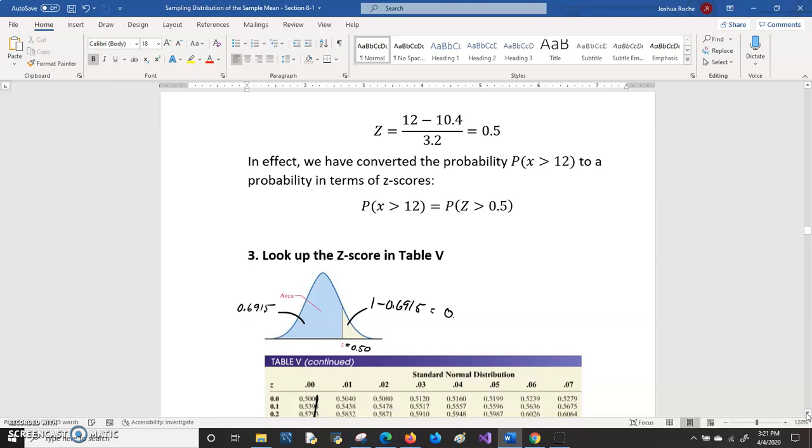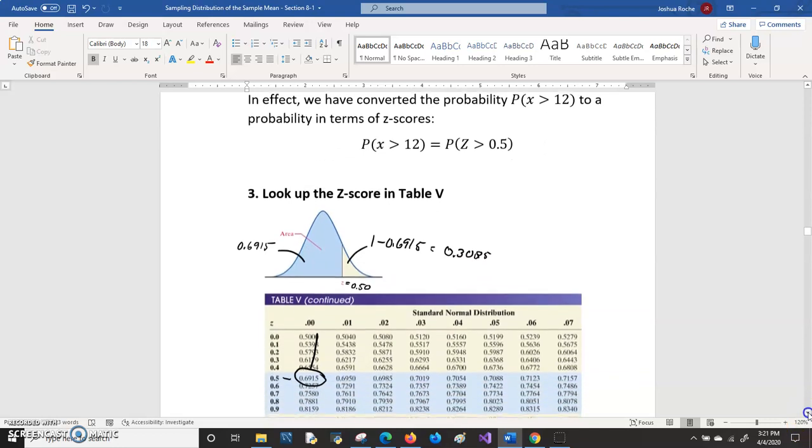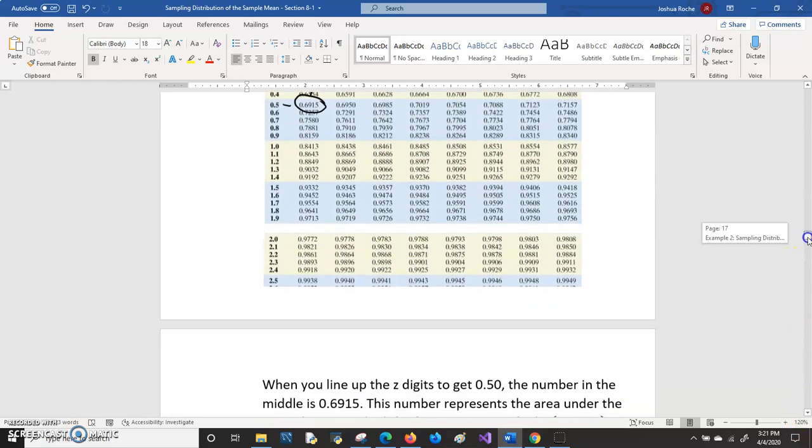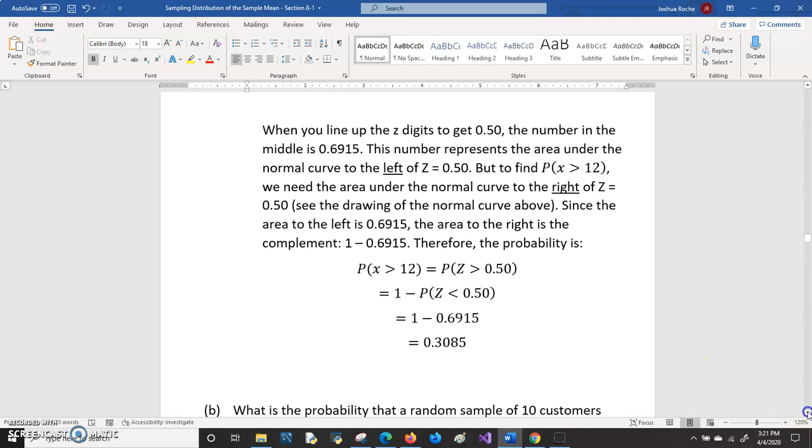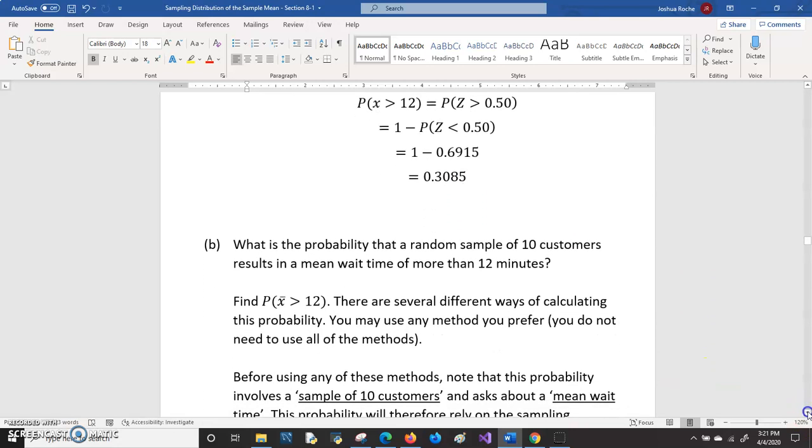And so that's going to be 0.3085. And that's written right here. We do the complement, we get 0.3085.